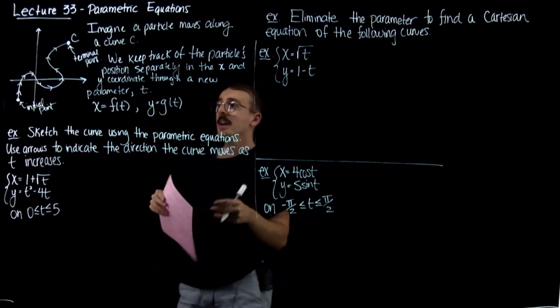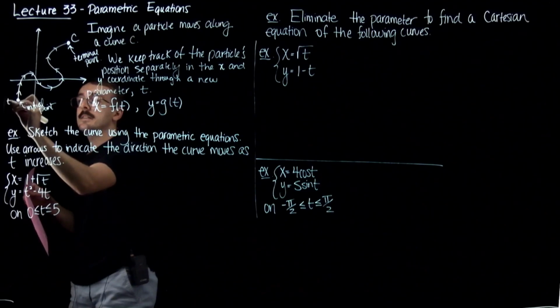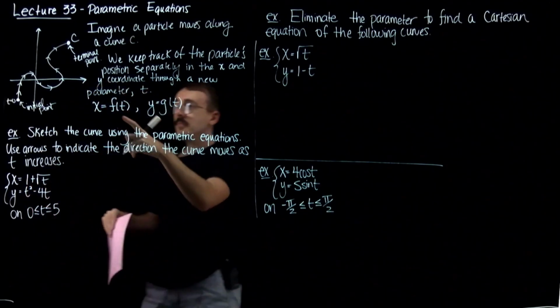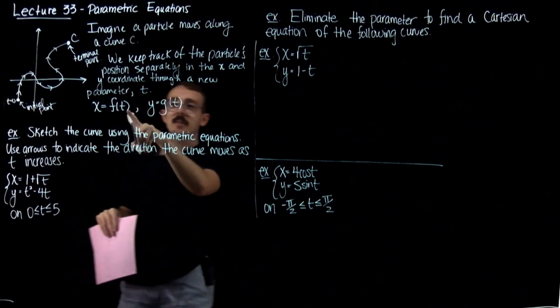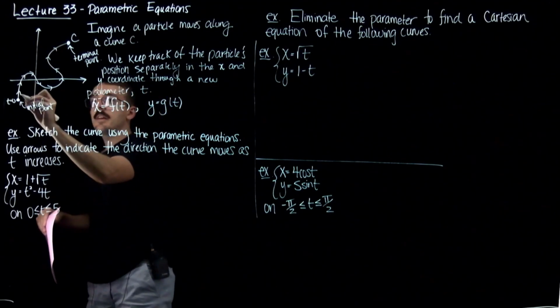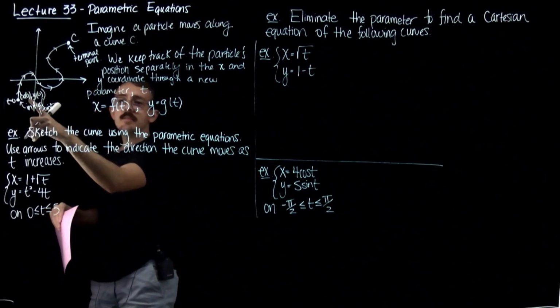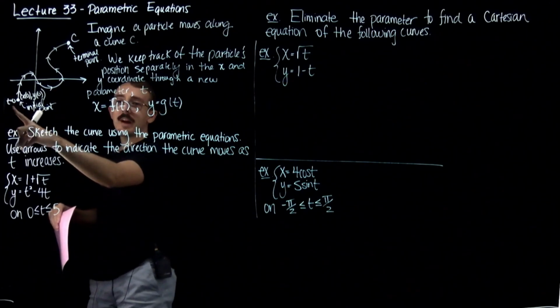So for example, if I denote this one as t equals 0, if you plug 0 into both of these equations, it gives you x of 0 and y of 0. It gives you that coordinate where you're at time 0.